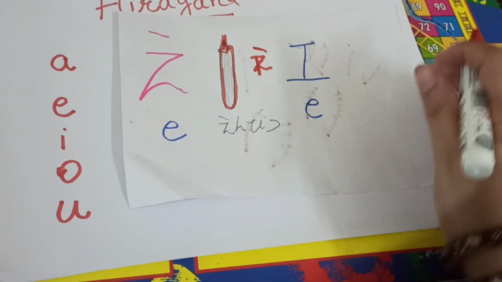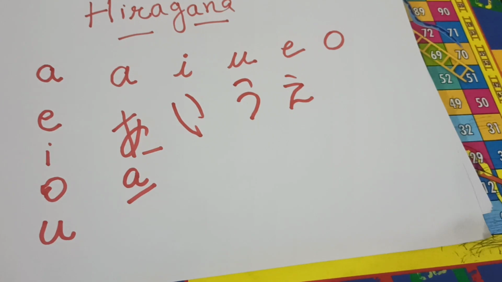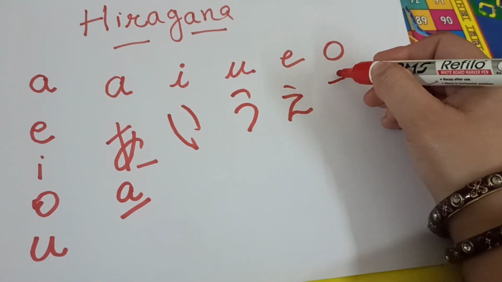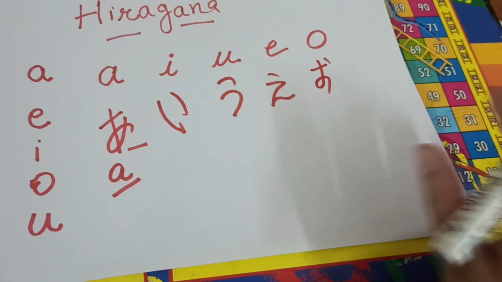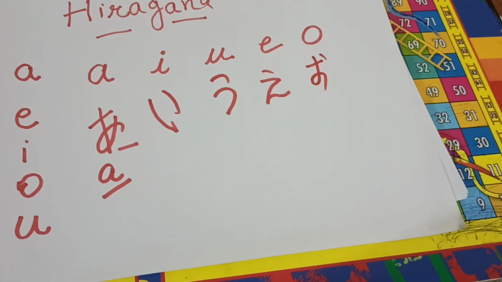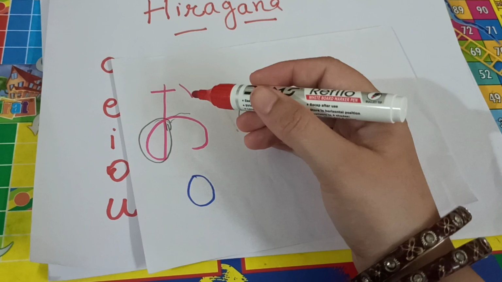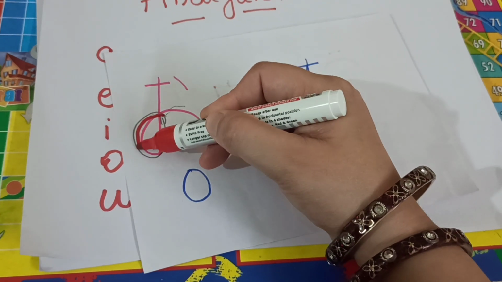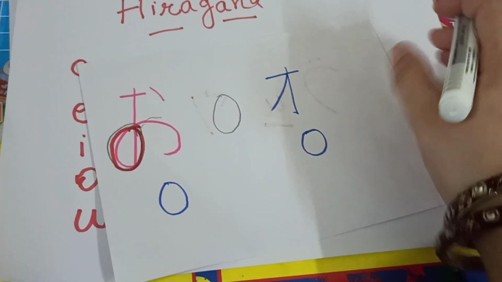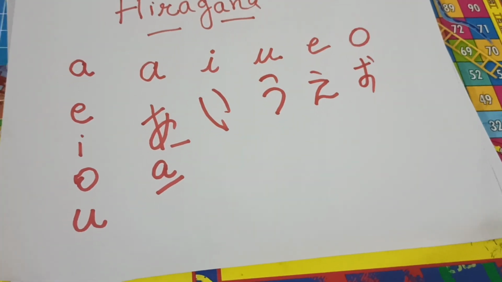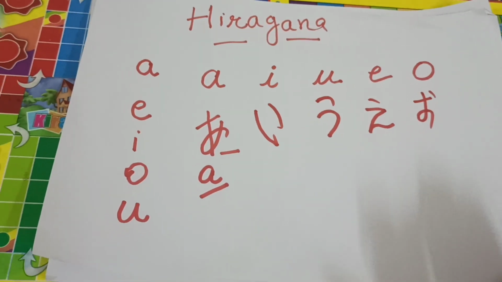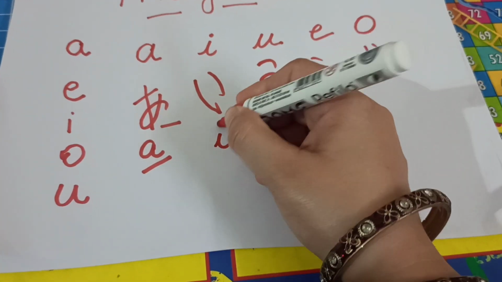A, I, U, E. And the next one is O. O is with an O in its structure. A, I, U, E, O. I hope this is clear to you.